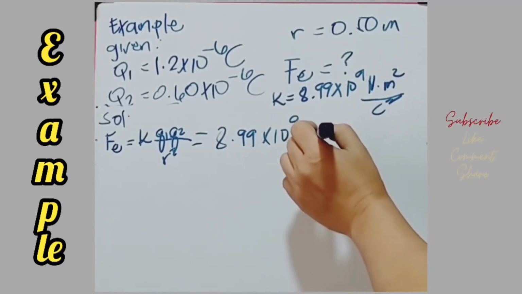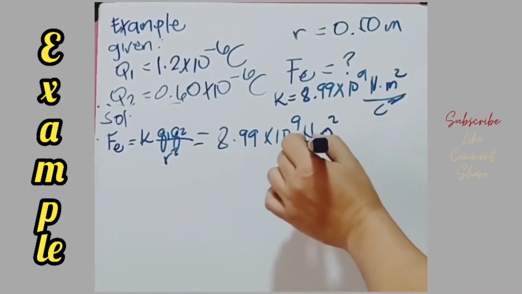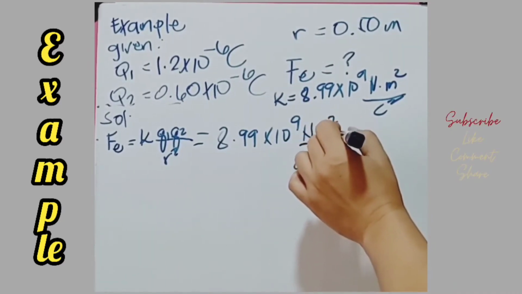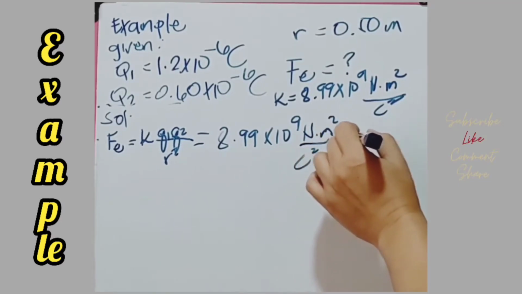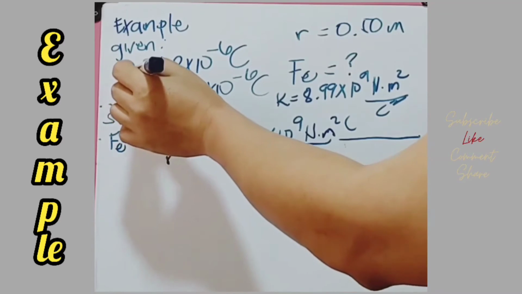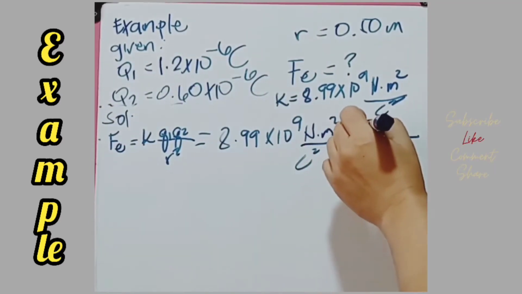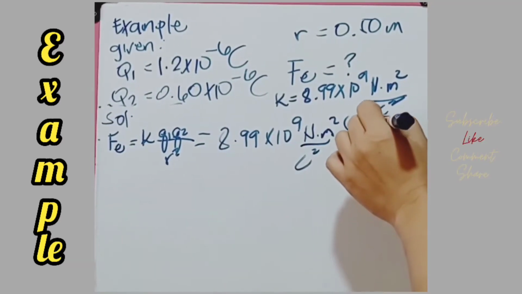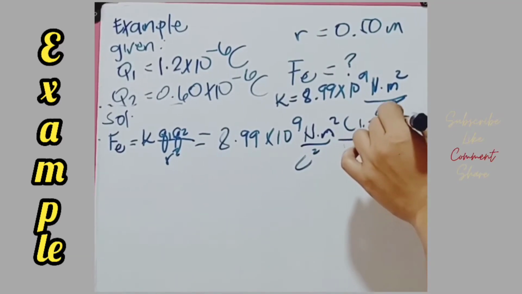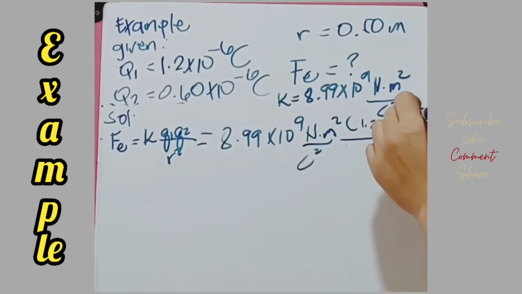Newton meter squared per C squared, times our Q sub 1, 1.2 times 10 negative 6 C, times your Q sub 2, 0.60.